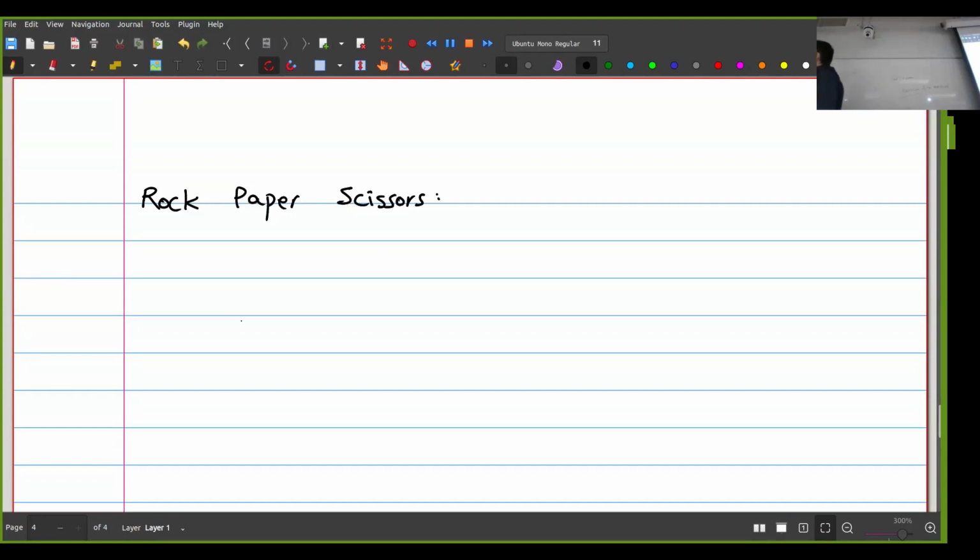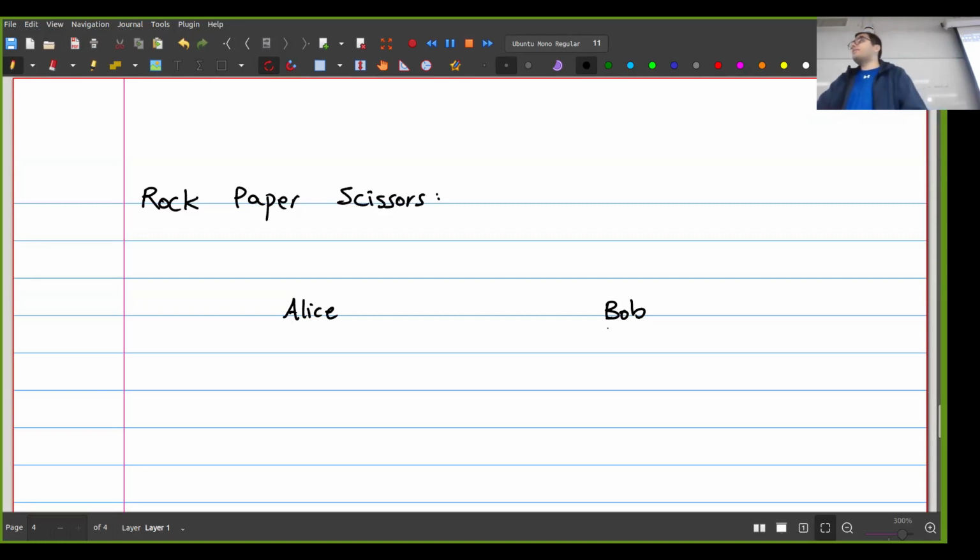Let's say that I have 2 players, Alice and Bob. And let's say they have access to the internet. So let's say they're on a group chat and everyone else can also see what messages they're sending. So they cannot fake messages and they cannot hide the messages that they have already sent. But let's say they want to play rock, paper, scissors.